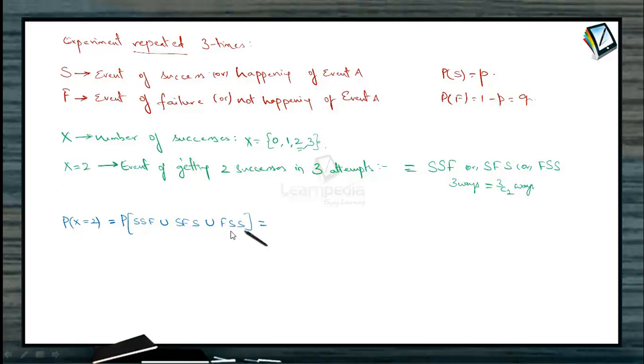Now by the addition theorem, this is the probability of S, S and F plus the probability of S, F and S, plus the probability of F, S and S, right?